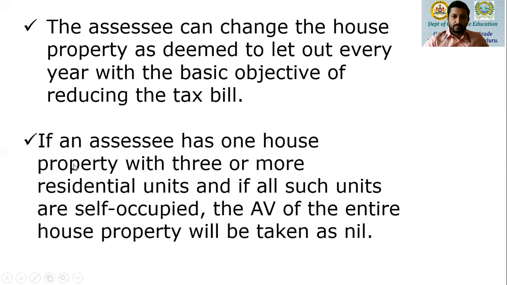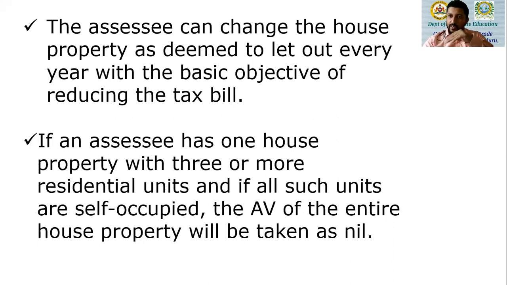Now, suppose the SSC has one big house property and it has got three or more residential units, meaning three or more parts. If an SSC has one house property with three or more residential units, and if all such units are self-occupied, the annual value of the entire house property will be taken as nil, because it's only a single house property, remember.